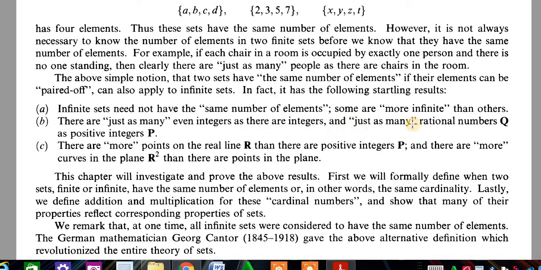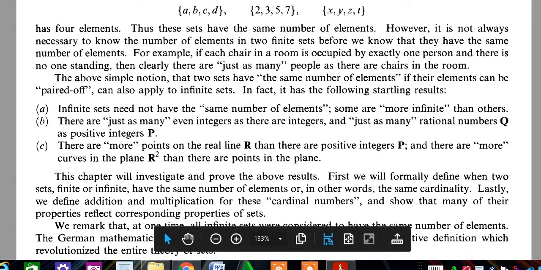It is clear that if the number of even integers is infinite, then the number of integers is also infinite. We cannot say which set has more elements than the other. See this point: there are more points on the real line R than there are positive integers, and there are more curves in the plane R square than there are points in the plane. So this is clear in the case of infinity.